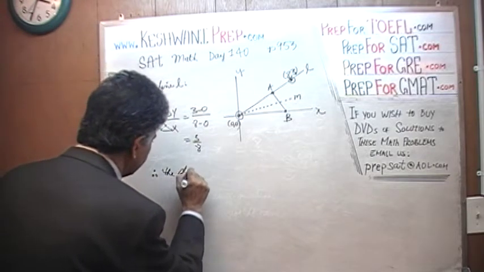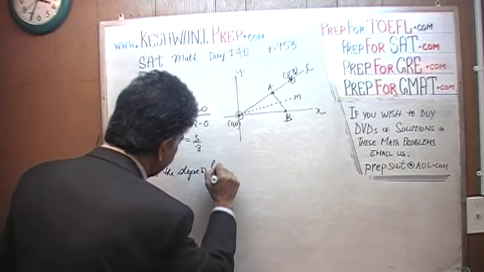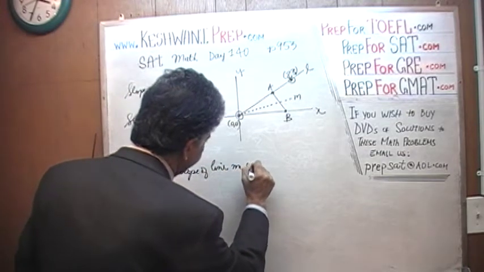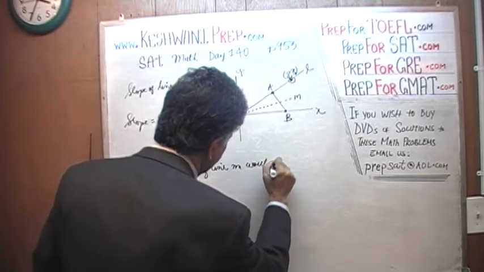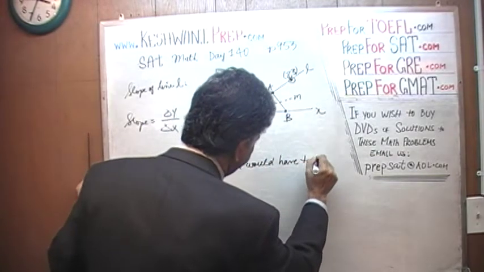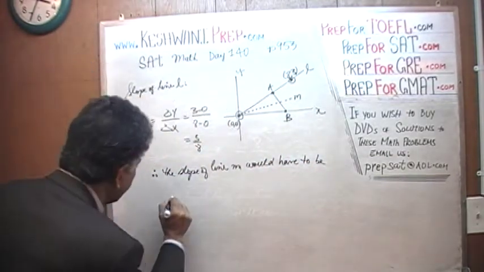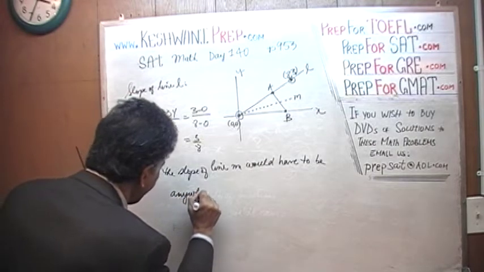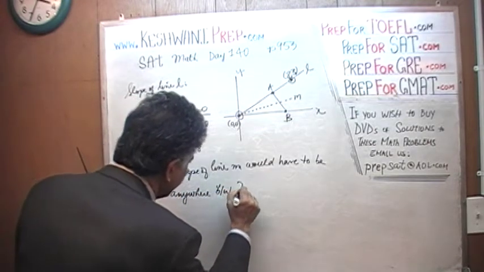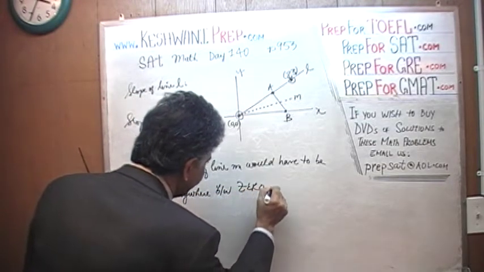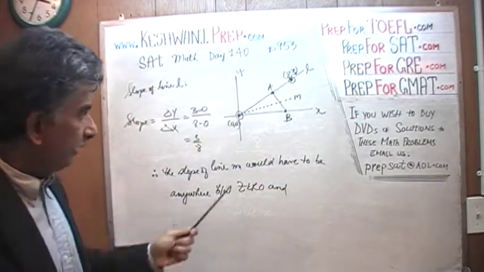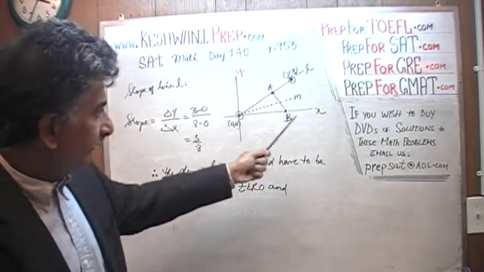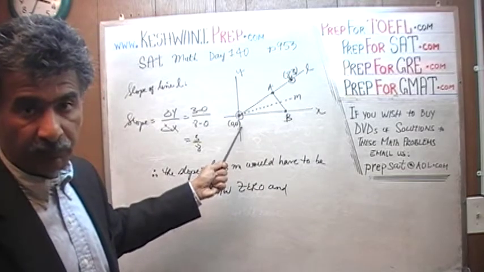Therefore, the slope of line M would have to be anywhere between 0 and 3/8, but it cannot be 0. A slope of 0 means the x-axis, it's just flat.